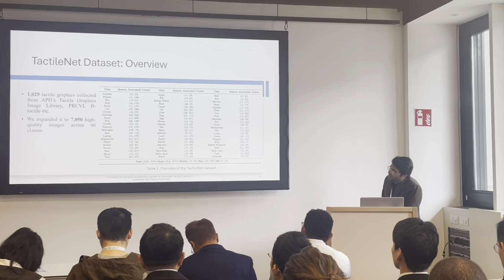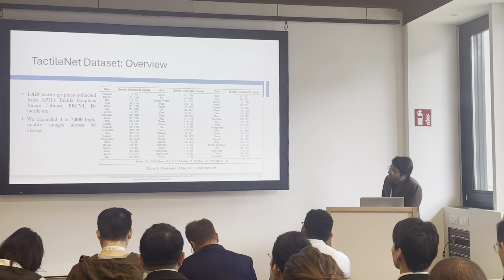This is the table from the paper outlining the different classes, which include common images suitable for grade 2 or grade 3 level students, and which are quite useful in daily usage as well, for example soda cans and shirts and so on.